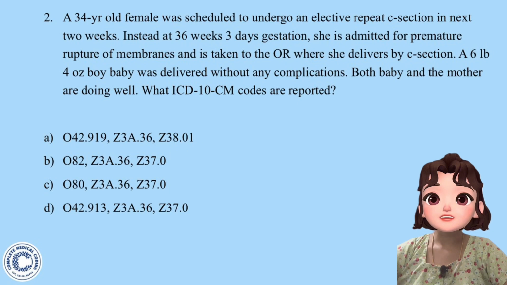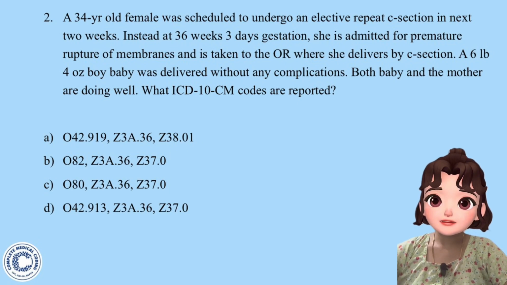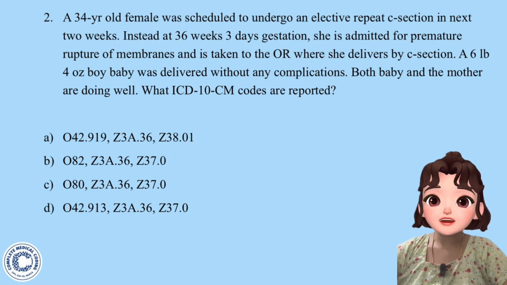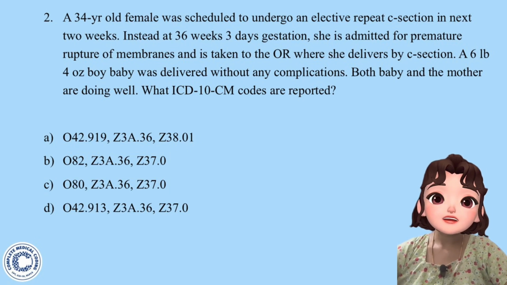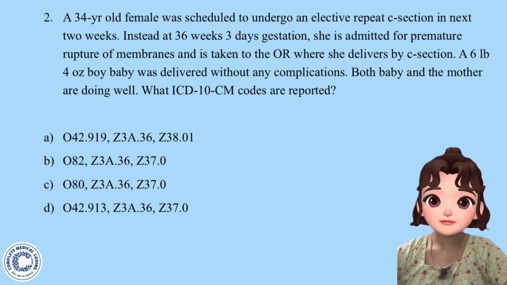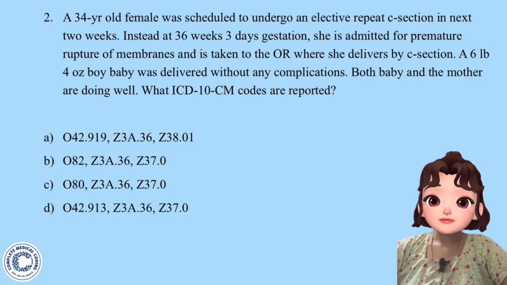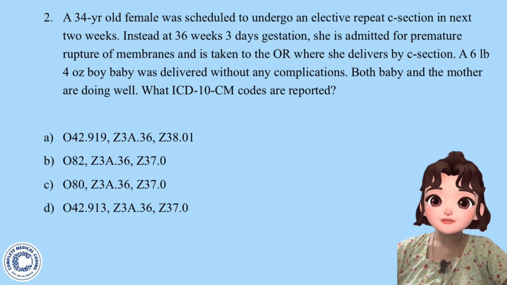So Z3A.36 represents 36 weeks of pregnancy, and Z37.0 is the code for single live birth. Z37.0 always represents a single live birth. For delivery, you must code the live birth, whether it is single live birth or twin birth, twin delivery, whatever it is. Okay, that should be the final.